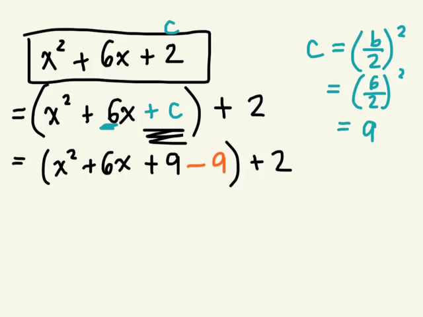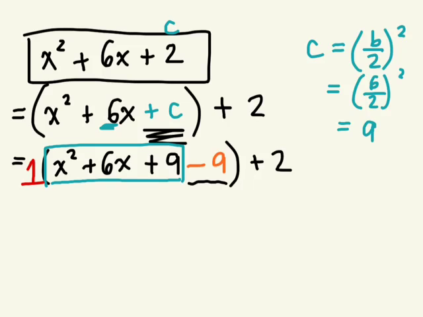So what we've done here is this part of the expression is the perfect square, right? Do I have a number in front of my bracket? Well, technically we can put a 1 there. So technically, I can get rid of this negative 9. I can put it outside the bracket.